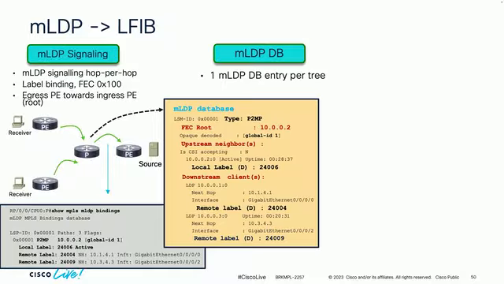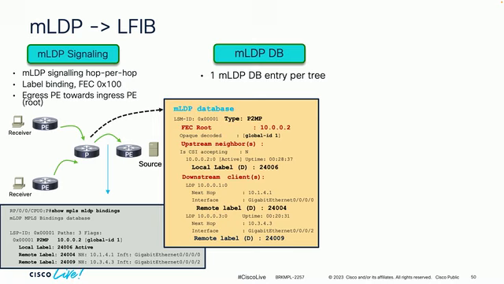These bindings will get converted into my tree database. This tree database says that I'm building a tree of type point to multipoint. My root is 10.0.0.2, which will be this node. Now here at P, when I look, my upstream neighbor is the P which is the root node, and I have 2 downstream neighbors from which I have received label bindings.